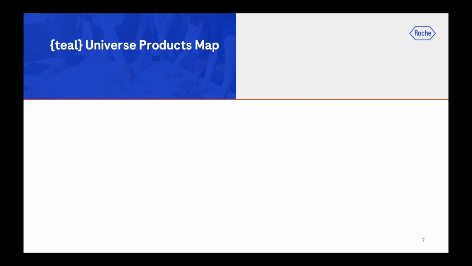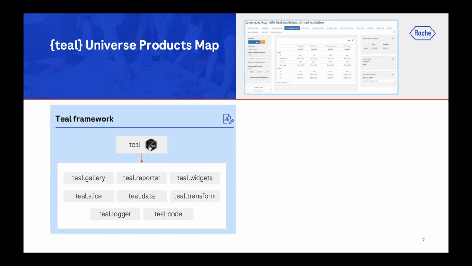Now that you've heard about the modularized concept of our teal framework, you can have a better visual understanding of the building blocks with this overview product map of our teal framework and the family packages. We have several foundational component R packages for scalability and easier maintenance, such as teal.slice, teal.data, teal.transform, teal.logger, and teal.code.